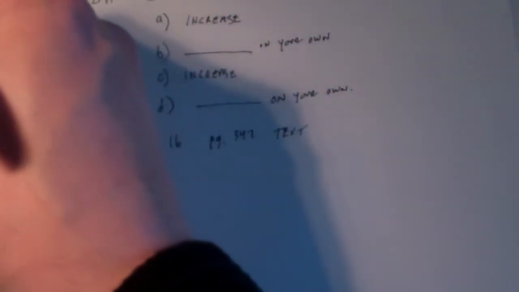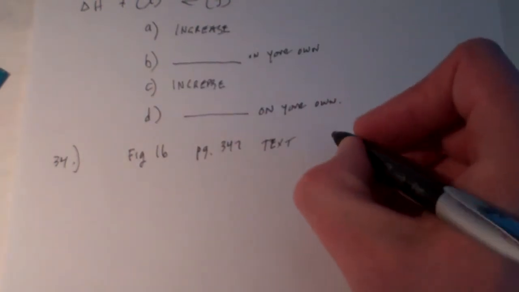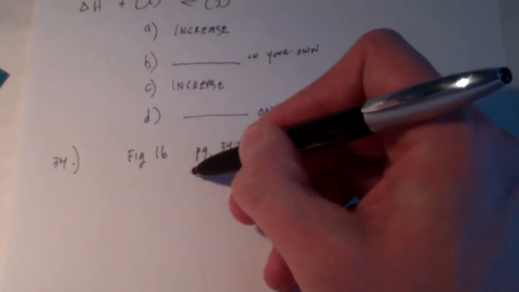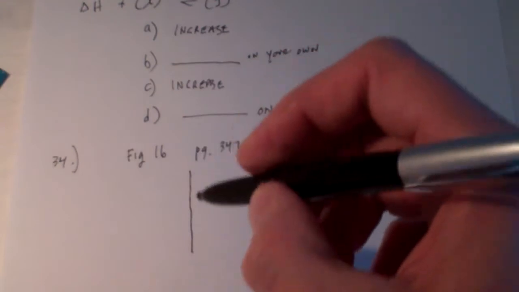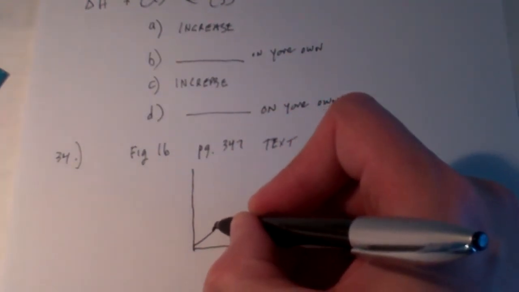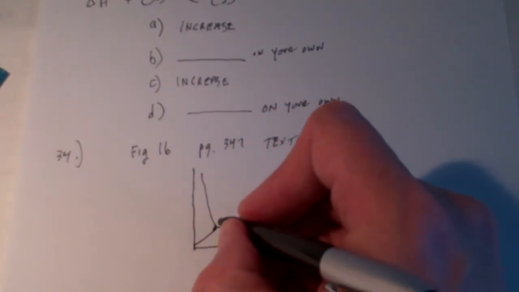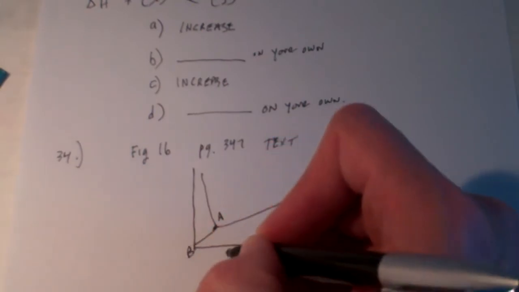So, if I turn to page 347, and if I look at the very bottom of the page, it says phase diagram for water, and you are interested in line segment AB. Now, if I could draw a crude representation of that phase diagram, it looks something like this. Line segment AB is from here to here.